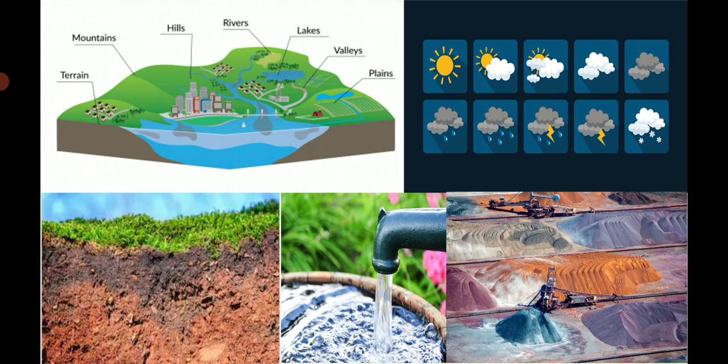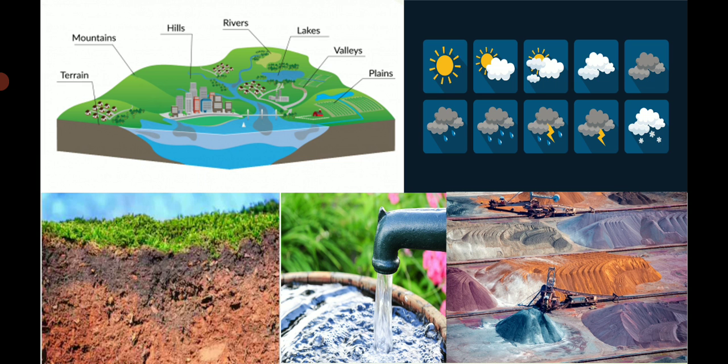First, on the top left, is topography: you will see more houses in the plain areas, fewer houses in the hilly regions, and many houses near lakes, valleys, rivers, etc. On the top right, climate, the various aspects of climate, whether sunny, cloudy, partially cloudy, snow or rainy.